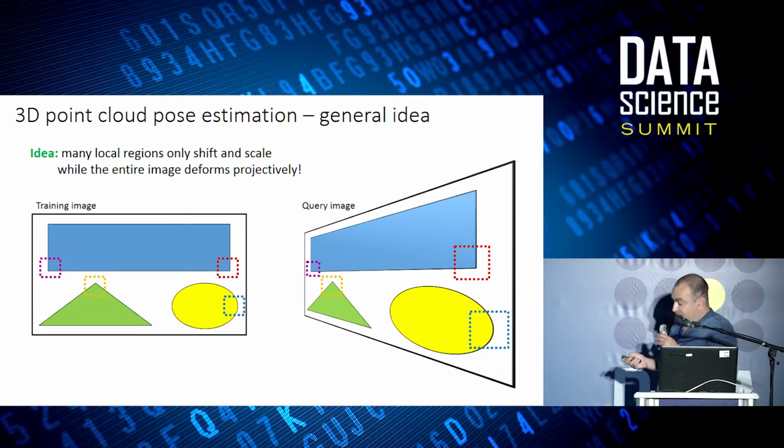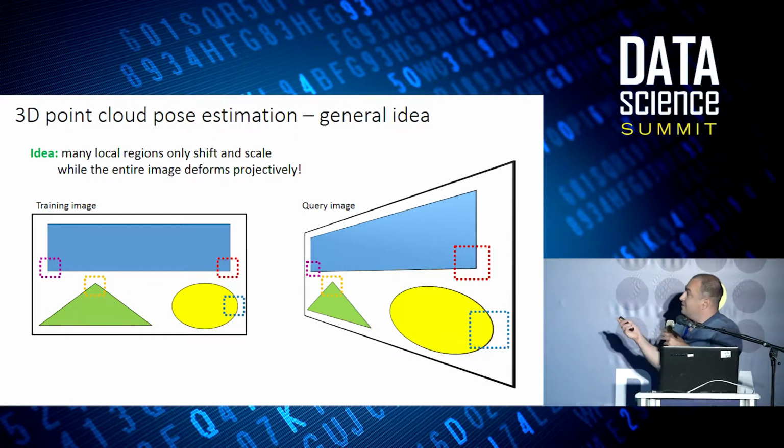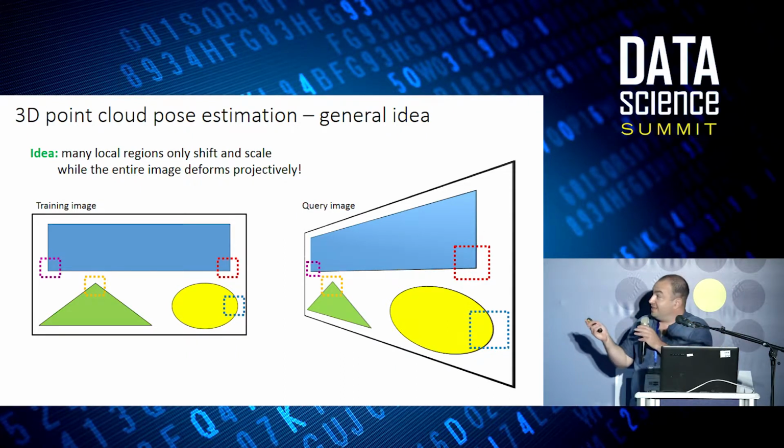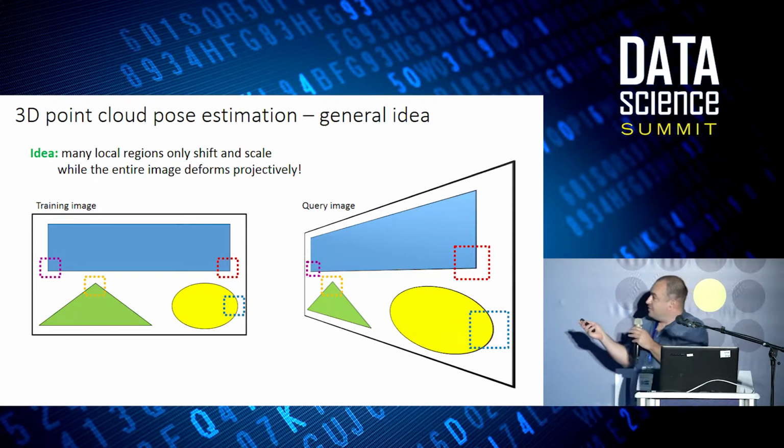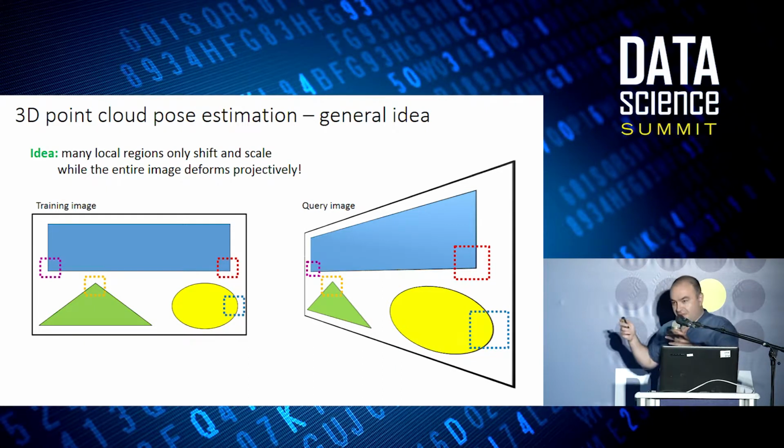And finally, before I go to some results, how this thing that I just described can be applied to the point cloud application. I'm sorry, I'm standing this way, but it's because the screen is there. So anyway, in the 3D point cloud application, although this is just an illustration, the whole image can be transformed projectively when we rotate it in 3D in an arbitrary way, especially if there is depth inside.